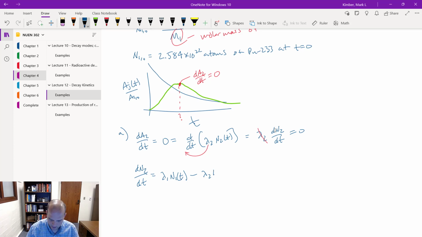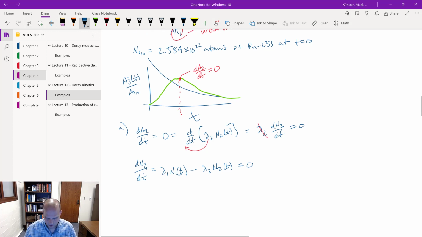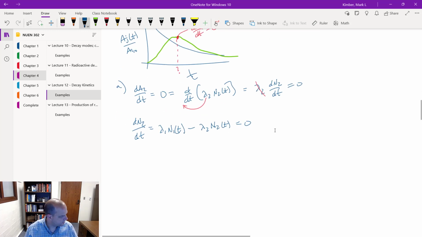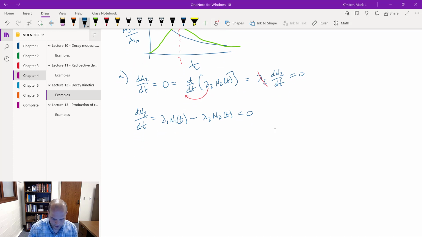This is our sink, lambda 2 times N2 of t. And we want that to be equal to 0. And we have expressions for N1 and N2 that we developed from the notes. If we take those and plug those in, then we just want to see where these first two terms here become equal.